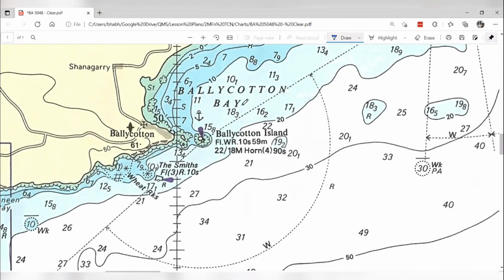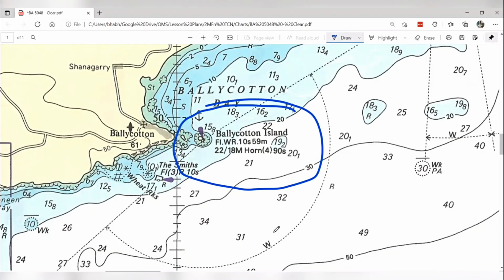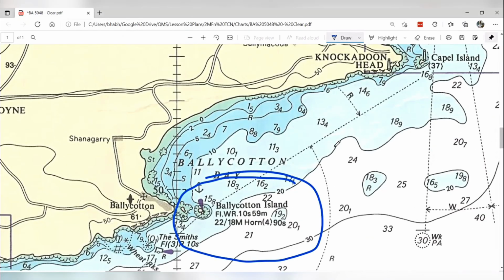Okay, so we are at Ballycotton light. Can you see on the chart now? Yes, sir. Okay, अब देखो बेटा, it is a sector light. Can you see this white sector here? Yes, sir. So you have a white sector in this region. Then there is a red sector also. ये देखो यहाँ पे है बेटा इसका red sector.